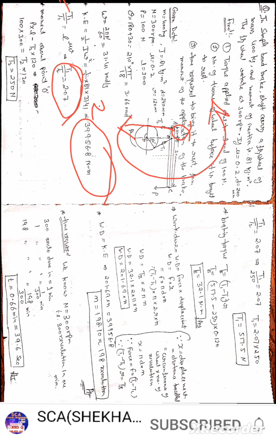Both couples are in opposite directions, so the sum of moments will be 0. So P into L minus T2 into 120 equals 0. We know the value of P is 100 Newton, so P into L is 100 into 300.